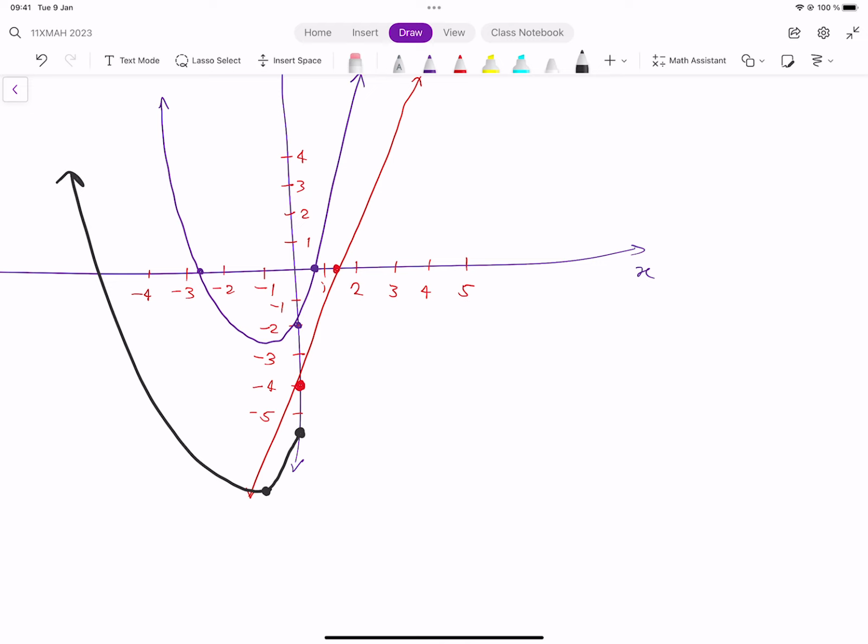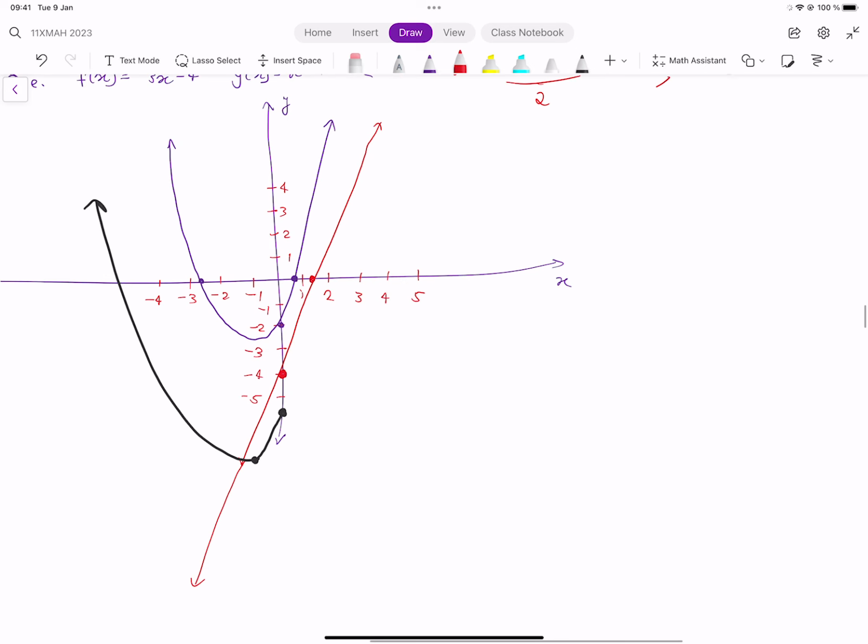And that's because our parabola increases very, very fast, and our linear function decreases not very fast. So if we add them together, for example, if I'm all the way down here, my parabola is going to be all the way up here, which is quite further. And it's going to be even more drastic as we go along.